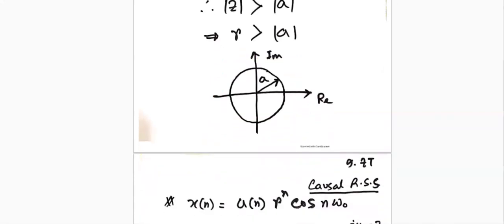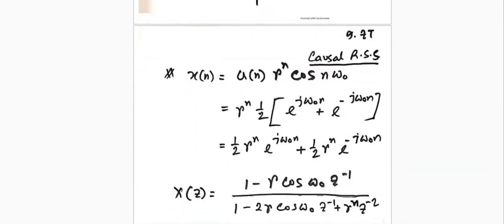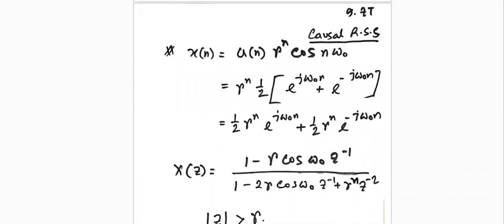Okay, so that we have already understood from the previous lecture. We can follow some more examples and a few topics, and then we'll move to the filter design by the Z transform. Let's say we have our xn, which is equal to un r to the power n cos n omega 0, where cos omega 0 n is a sinusoidal signal which has a particular frequency omega 0, multiplied with r to the power n.